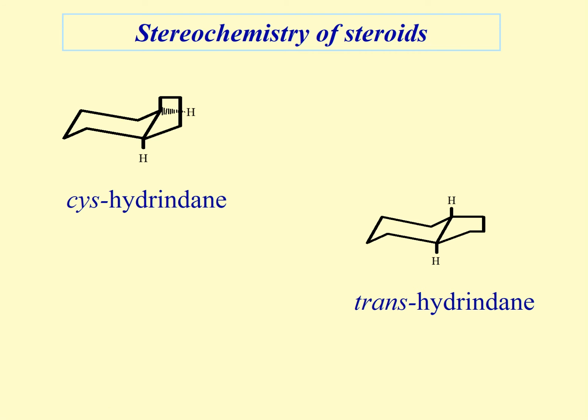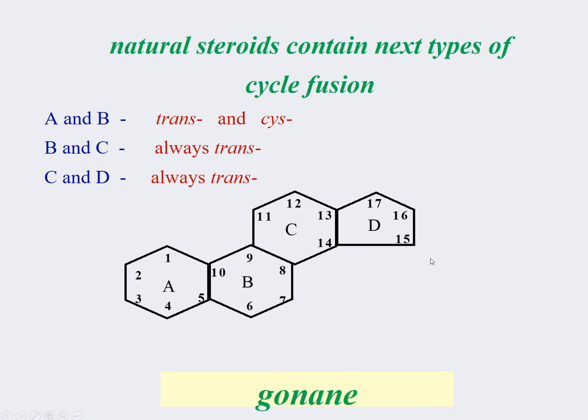As for hydrogen, again, we can have two different variants: cis hydrogen and trans hydrogen for the axial position of hydrogens. Just one saying about natural steroids. When we speak about synthetic steroids, everything is possible. But when we speak about natural steroids, the fusion of the B C cycle is mandatory.